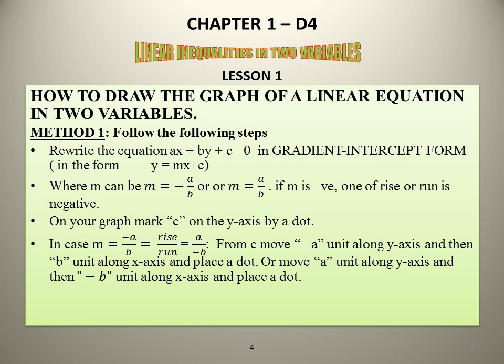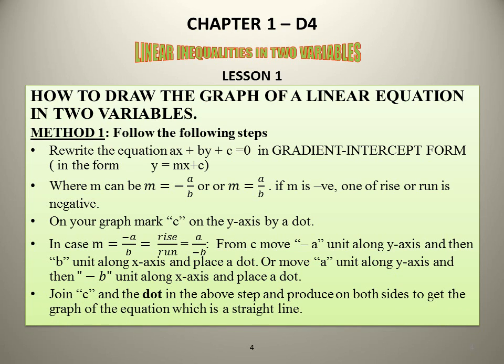Or if you take rise as positive, then move a units along y-axis and then minus b units along x-axis and place a dot. Now on the graph you have two dots, one for C and one for M. Join these two dots and produce on both the sides to get the graph of the equation, which is a straight line.